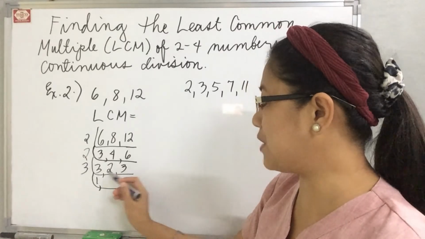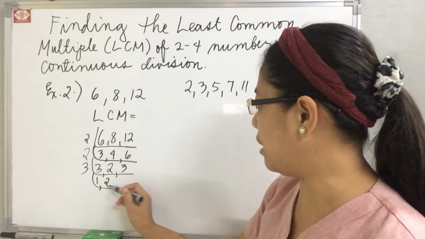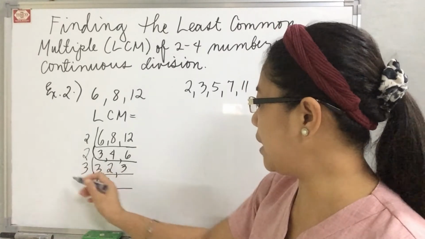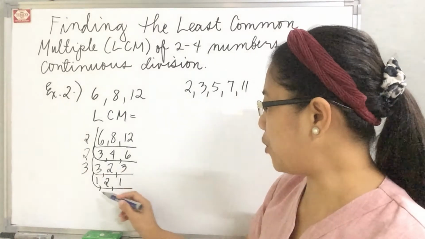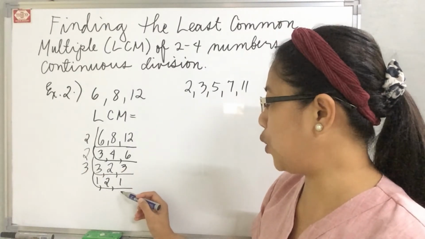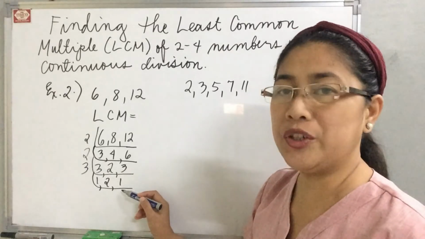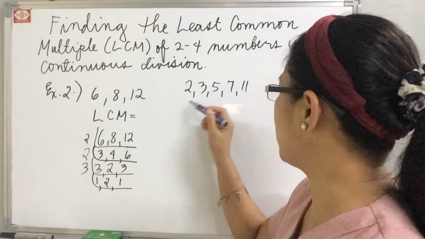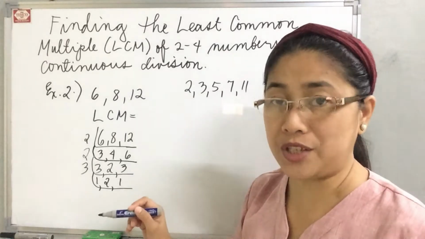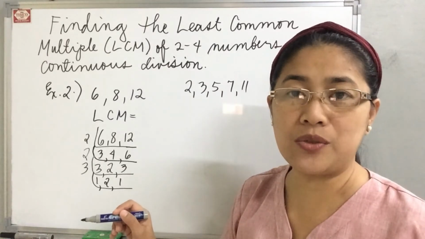Since 2 is not divisible by 3, we have to bring it down. 3 divided by 3 is equal to 1. Okay, in our quotients here, there are no more 2 or more numbers that have a common divisor among these prime numbers. So we have to stop there. Okay, what are we going to do next?